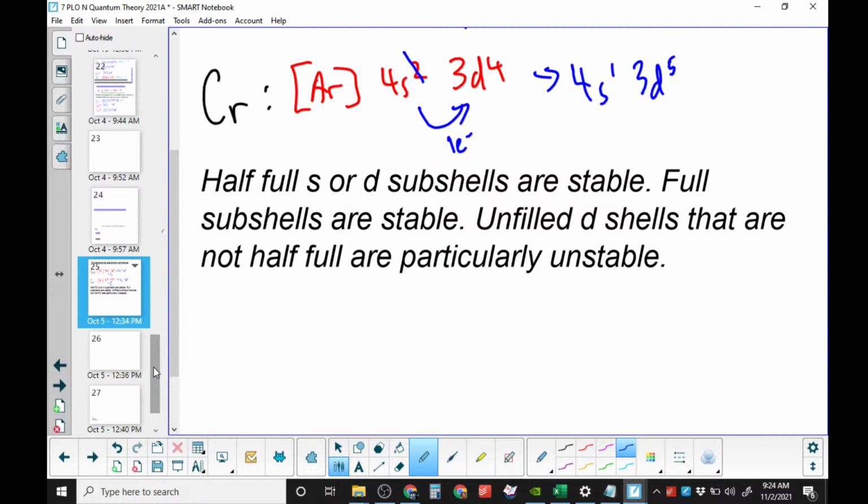So go back to the question. So how would you do phosphorus? Phosphorus is right there. But we start at the beginning.